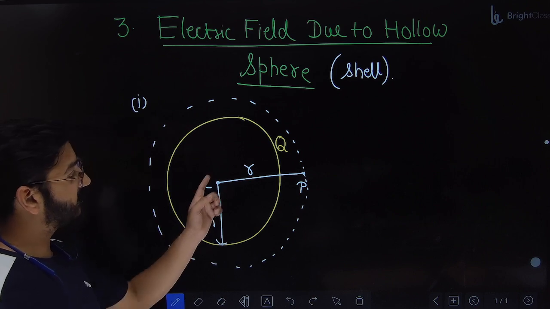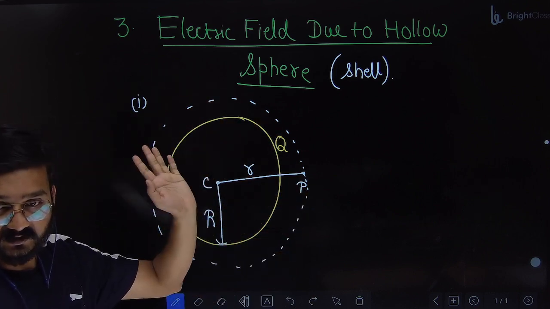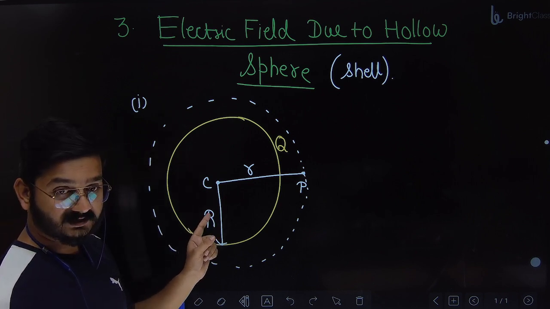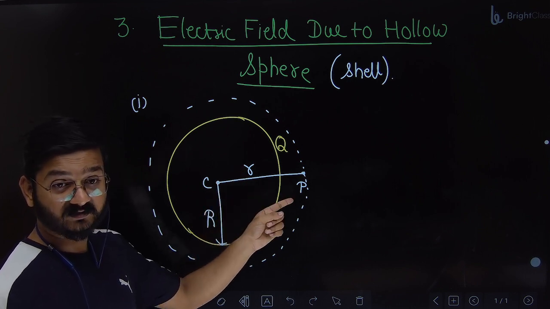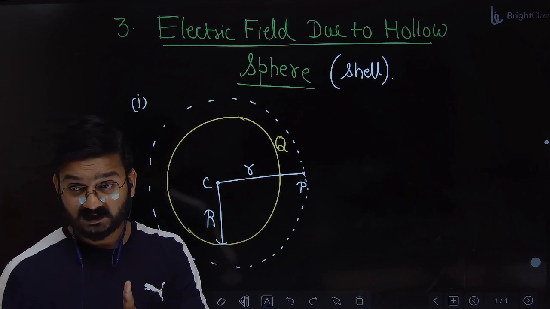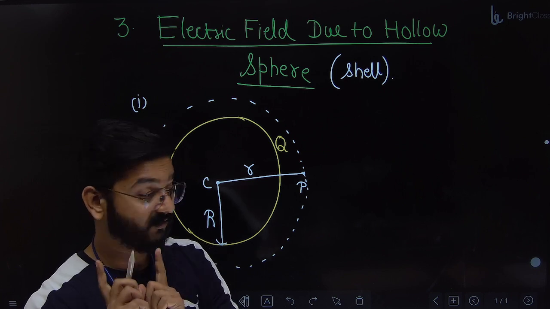Done. Now notice one thing. Capital R is the radius of the shell. Small r is the radius of shell or Gaussian surface? Gaussian surface. So don't mix up. You have to be careful.